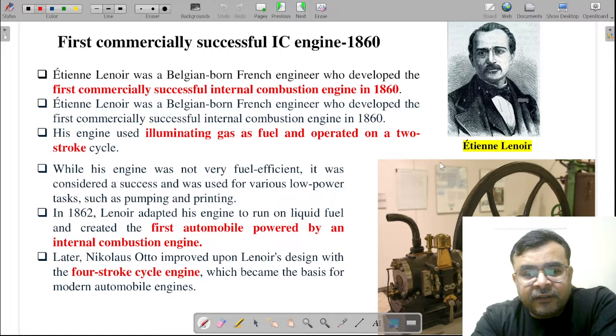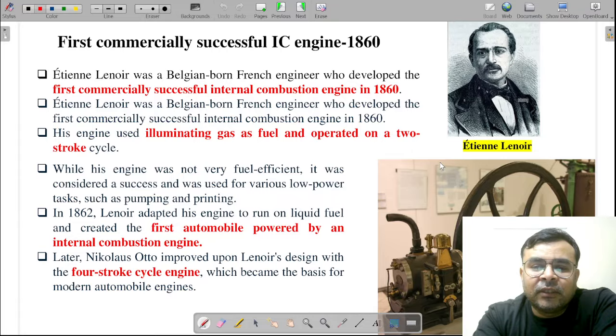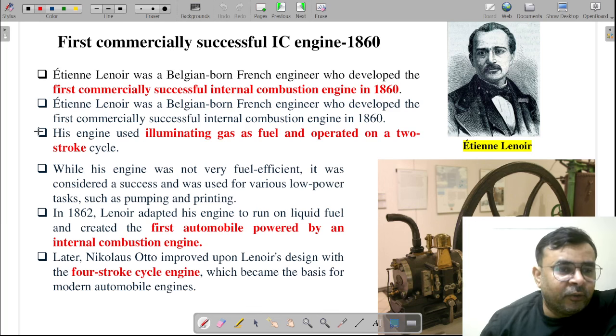Nowadays your small engine can produce a huge amount of energy. But of course, because of this small development, there was a very big development. Because of that development, nowadays vehicles can run. So it was a very important invention done by Etienne Lenoir, okay?